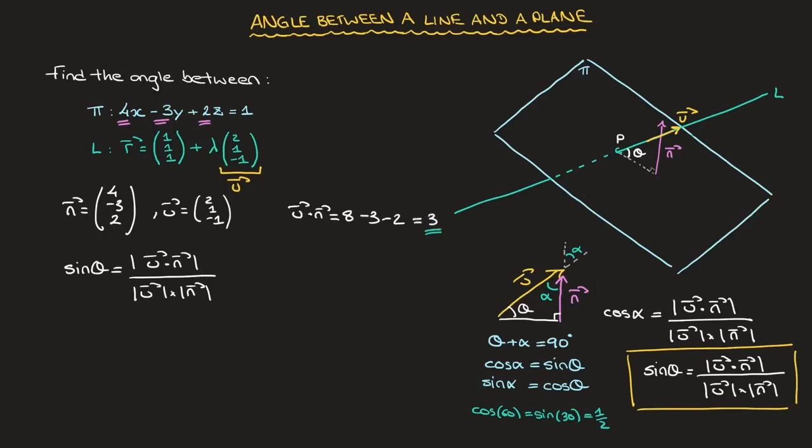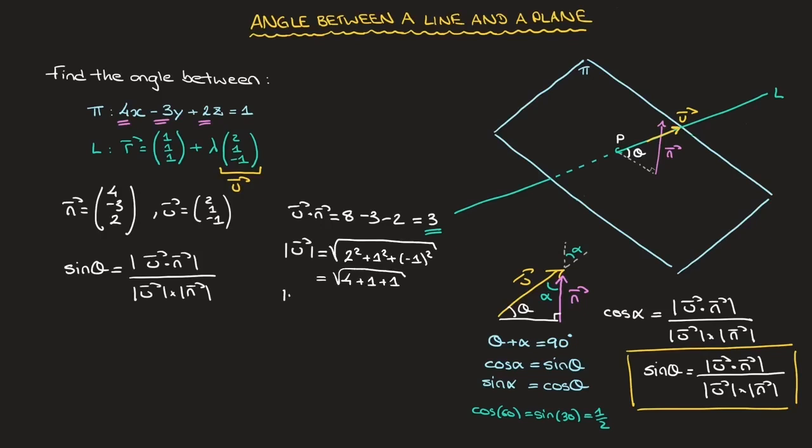All we have to do now is calculate the magnitude of u as well as the magnitude of n. So let's do that. The magnitude of vector u will be equal to the square root of 2 squared plus 1 squared plus negative 1 squared. So let me just write that. That's equal to the square root of 4 plus 1 plus 1.